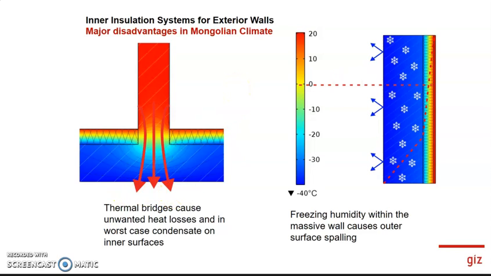Another shortcoming is if you have moisture in the wall and you have minus 30, for example, outside, you can freeze the moisture particles in the outer wall, and that could lead to damage of the wall. Freezing humidity within the massive wall causes outer surface spalling, so pieces can fall off.